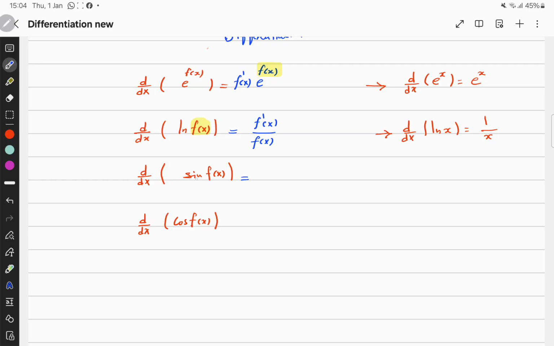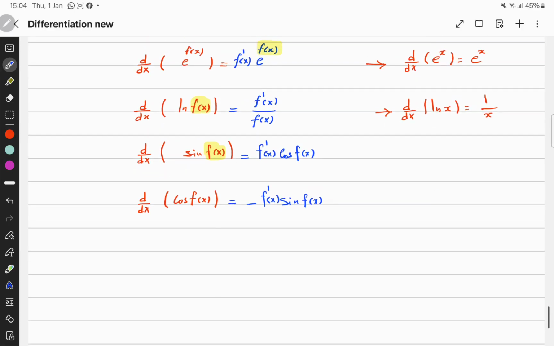The derivative of sine in general will be cosine of that function, then we multiply by the derivative of inside, so it will be f prime of x. Also here, the derivative of cosine will be negative sine of f of x times the differentiation of inside, which is f prime of x.